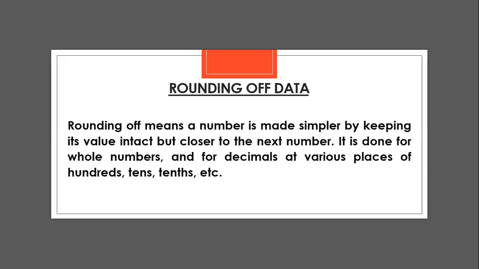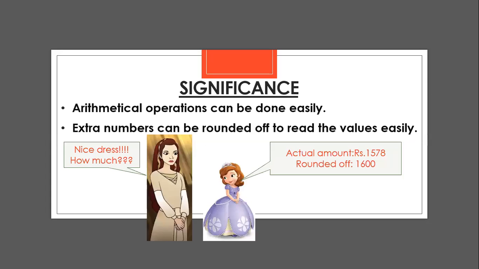It is a type of estimation that we do in everyday life using many physical quantities, like while measuring length, distance, amount of money, etc. All the actual numbers are rounded off to the nearest possible whole numbers. So when we round off a number, we make it simpler by keeping its value close to the original number.